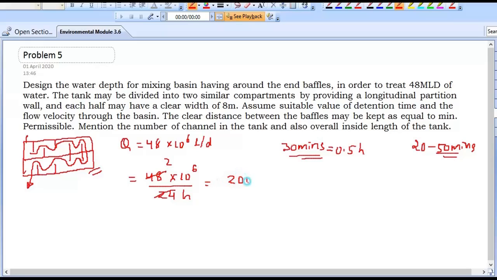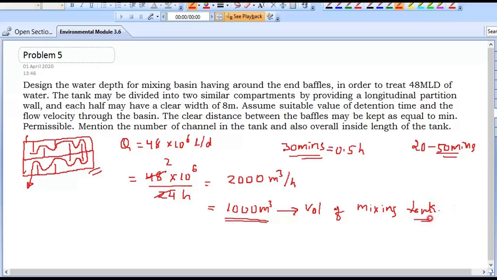Therefore 2000 meter cube per hour. I want this for half an hour only, so this will be 1000 meter cube. This is the volume of the mixing tank. Now we got one dimension, the volume of the mixing tank.